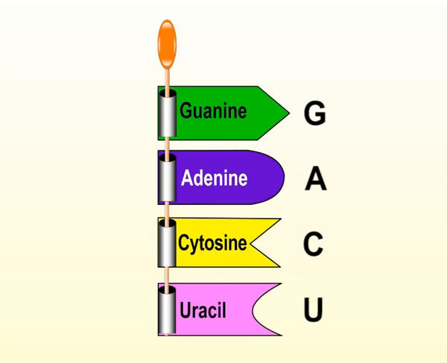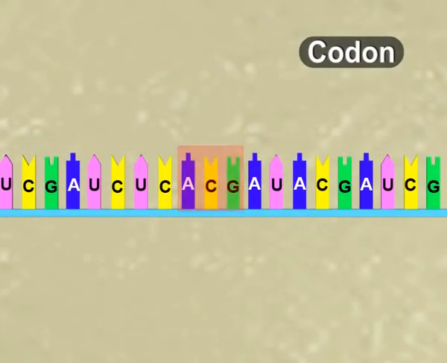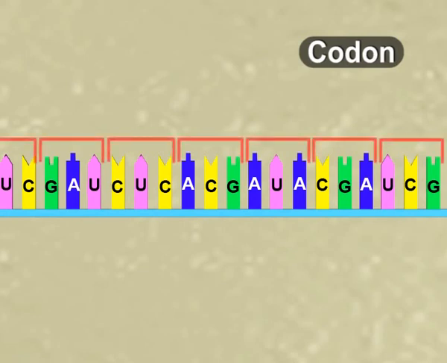To construct a word in the RNA language, that is codon, 3 of these letters are grouped together. An example of such a codon is ACG. In fact, every RNA word or codon corresponds to a single amino acid.